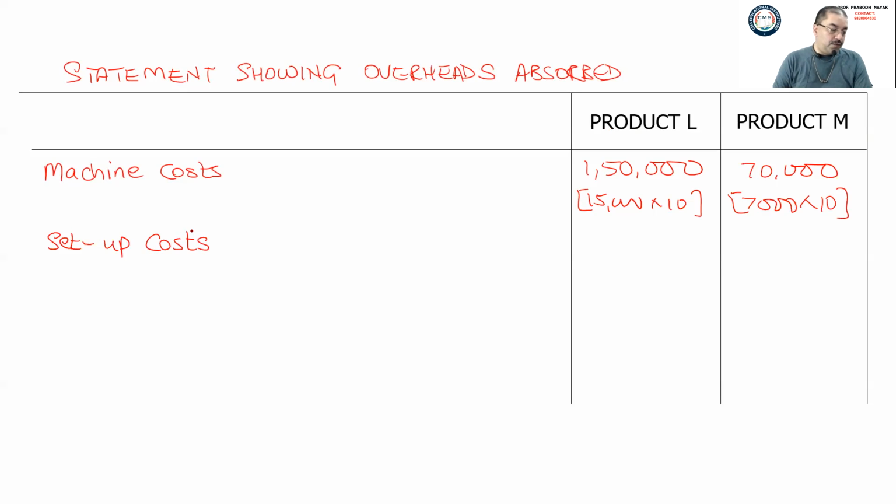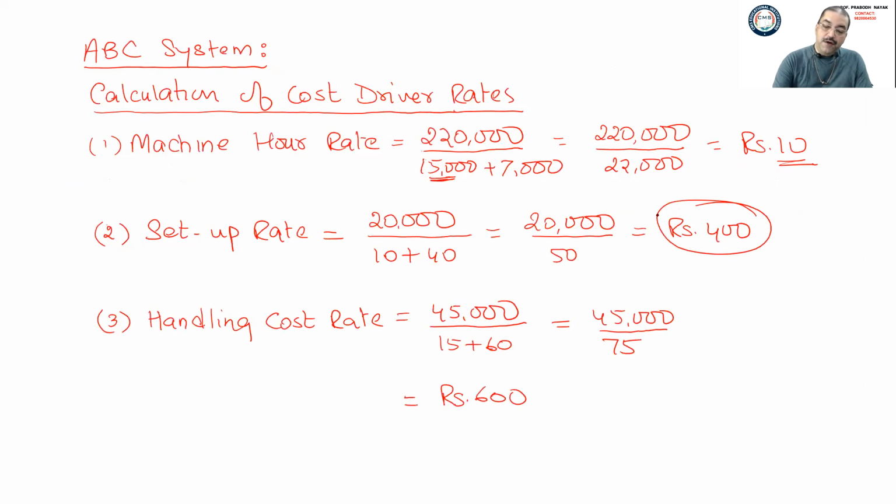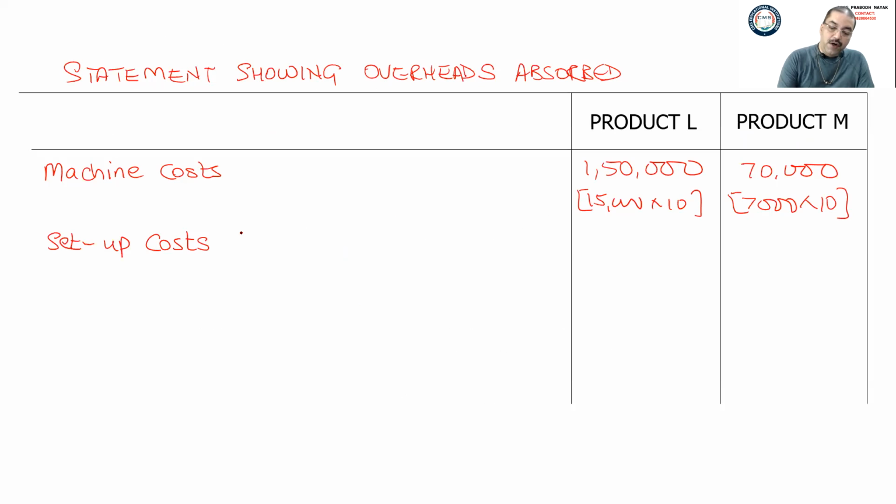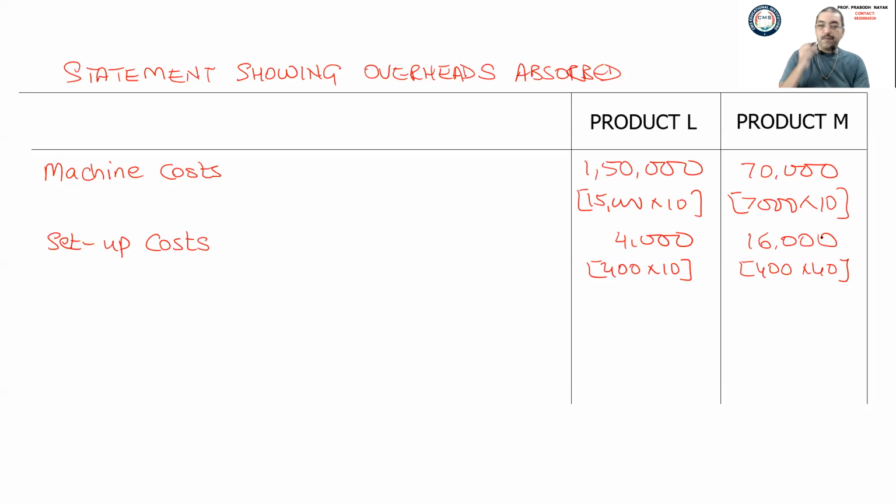Then we have setup cost. Same way. Setup rate is 400. 400 into 10, 400 into 40. 400 into 10 is 4,000. 400 into 40, 16,000. Setup cost.